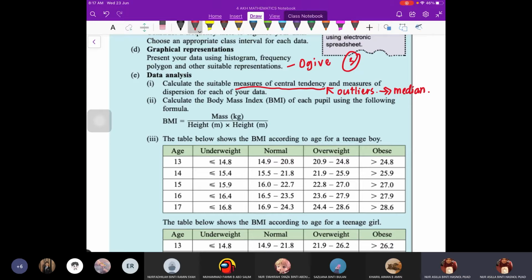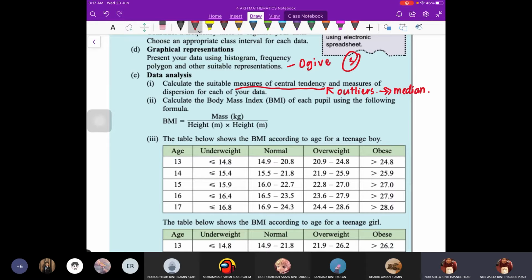Saya ada total 60 respondents. Okay, 60 respondents. And then daripada 60 respondents, saya identify 2 outliers. Okay, outliers ni maksudnya extreme values. Okay, so identify 2 extreme values and then saya bagi tahu.